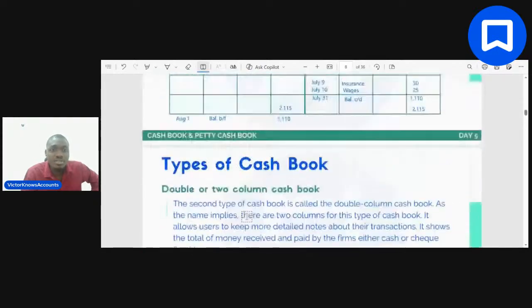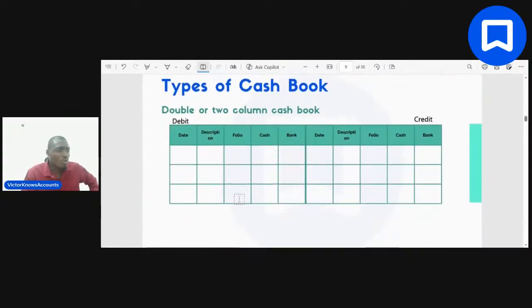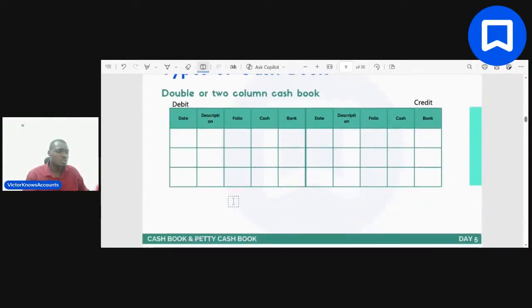Is that fine? All right. So I hope you understand what double column cash book means now. I hope you understand it.